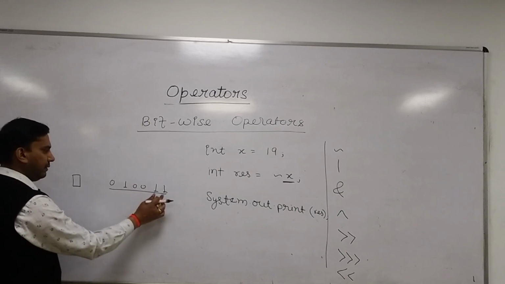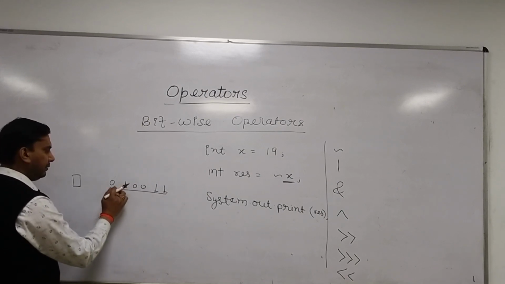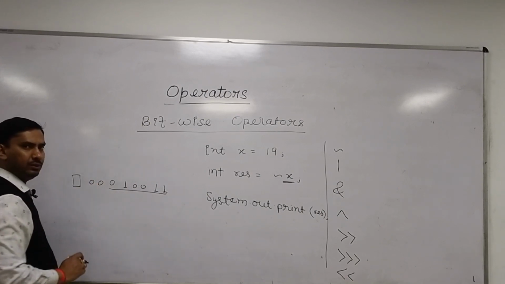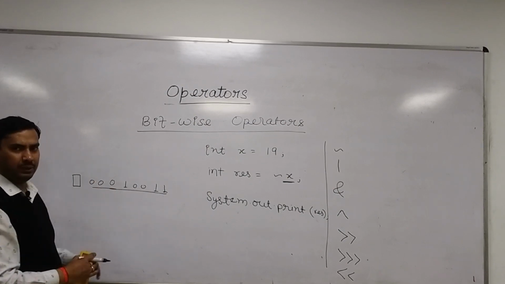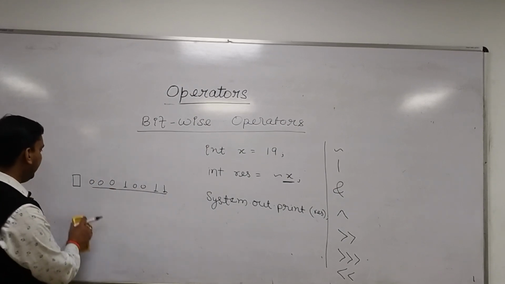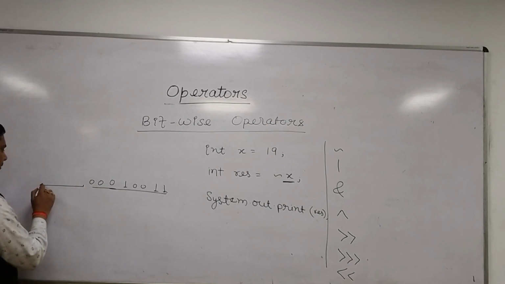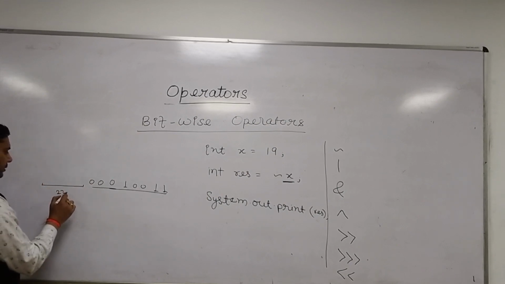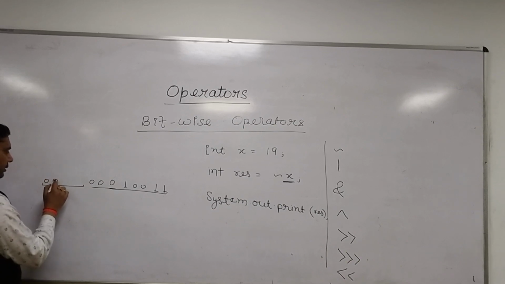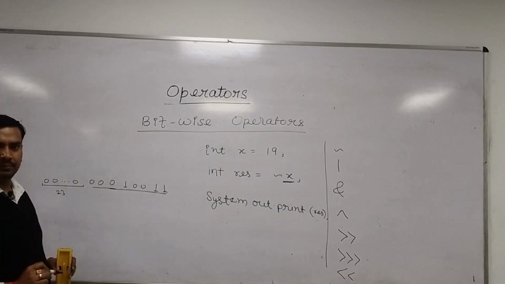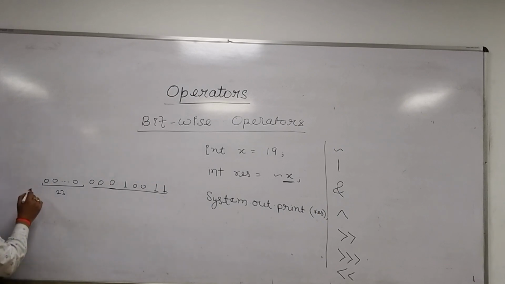In this octet I will represent 1, 2, 3, 4, 5, 6, 7, 8. So 8 bits out of 32 bits are significant digits that I have written. The rest, 24 bits, will be zeros, because these are all zeros. But the last one is the MSB, which will be 0.